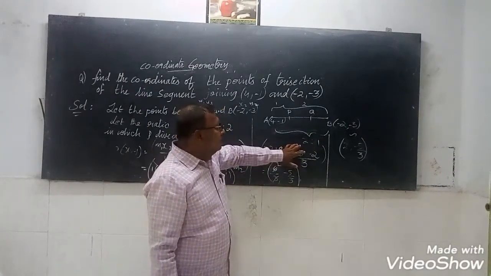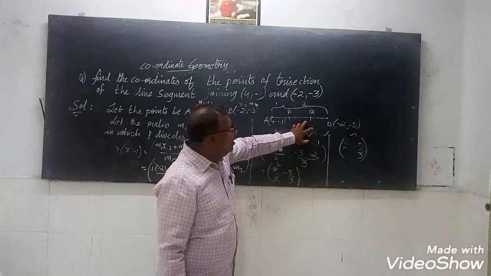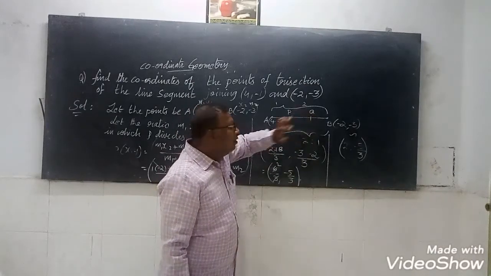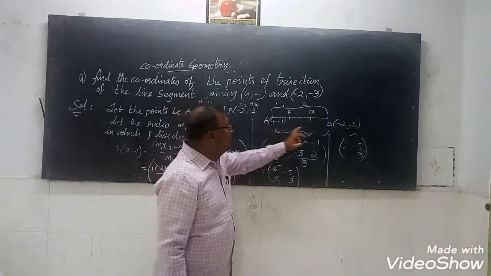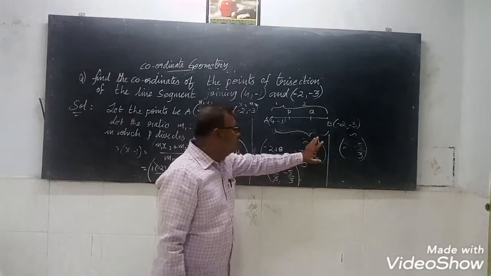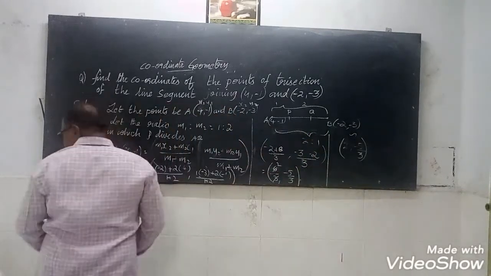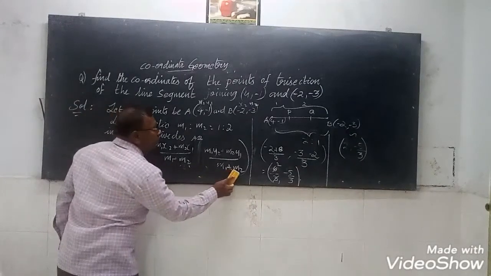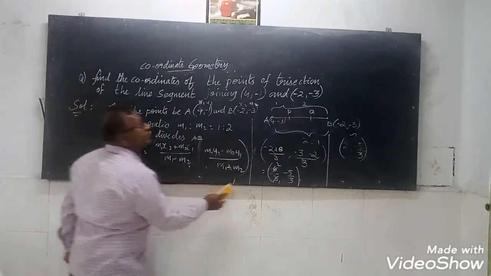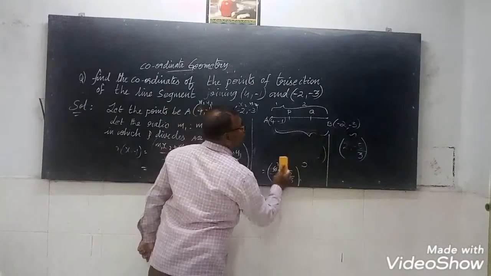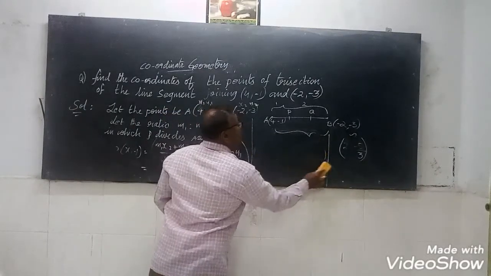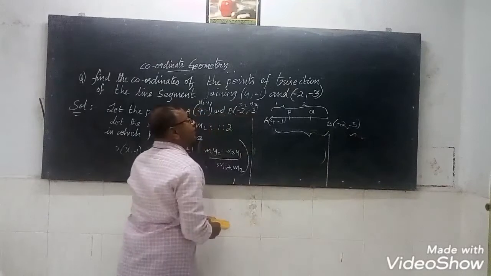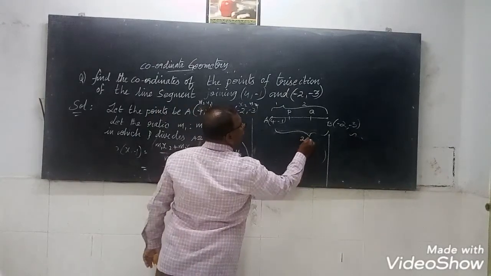We will see how we can get the coordinates of the point Q, which is dividing AB in the ratio 2 is to 1. So once again, now I am cleaning this part. The formula remains the same, the section formula. Here the ratio will change. Now it is 2 is to 1.